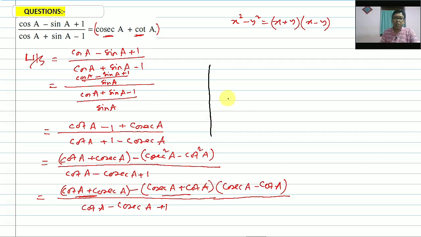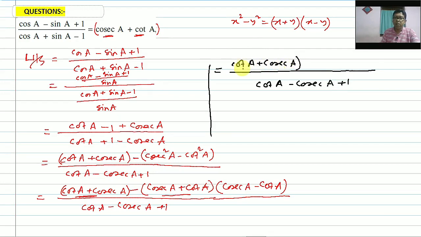So write it here, continuation. The denominator as usual, don't change, cot of A minus cosec A plus 1, and take cot of A plus cosec A common, and in another bracket I will find 1 minus cosec A plus cot of A. Now see that something is common. 1 minus cosec A plus cot A, it is 1 minus cosec A plus cot A. So you can cancel these two.